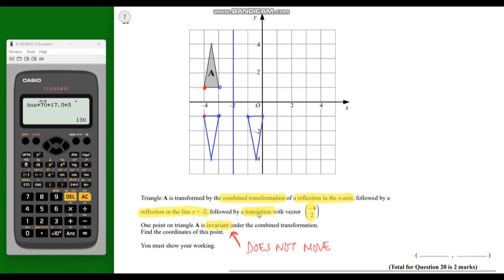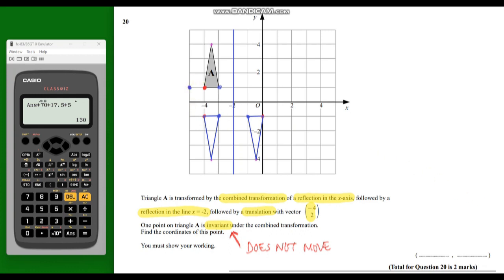So we need to do a translation with vector -4, 2. So a translation, that just means move. So let's first of all start off by moving the blue point. -4, 2. So 1, 2, 3, 4, 1, 2. Now the blue point is here.